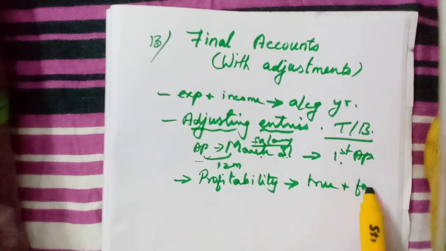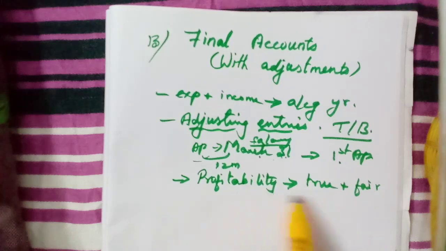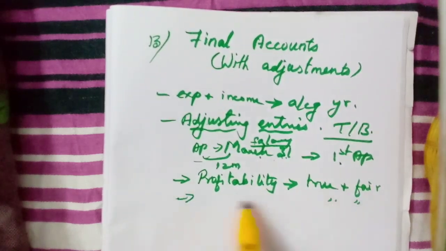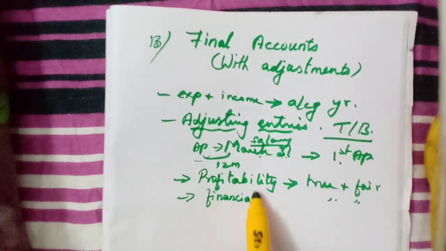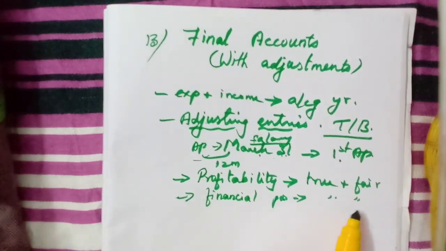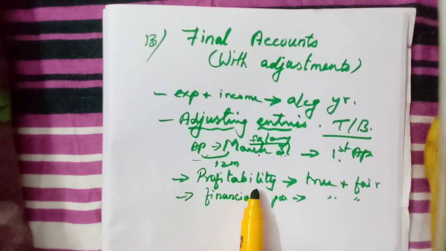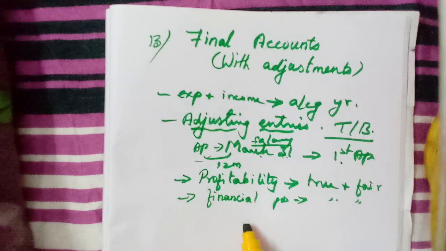It must be true and it must be fair. In order to show the true and fair view of the financial position and the profitability of the concern, we should make the adjusting entries.